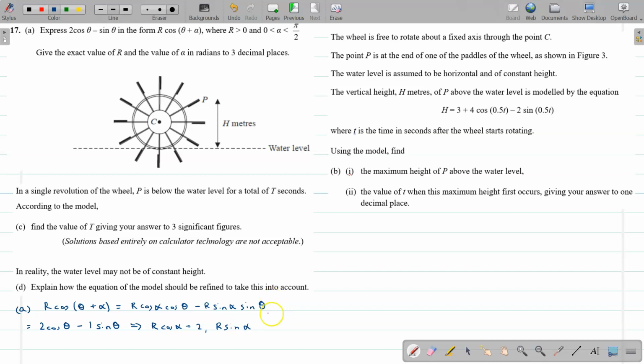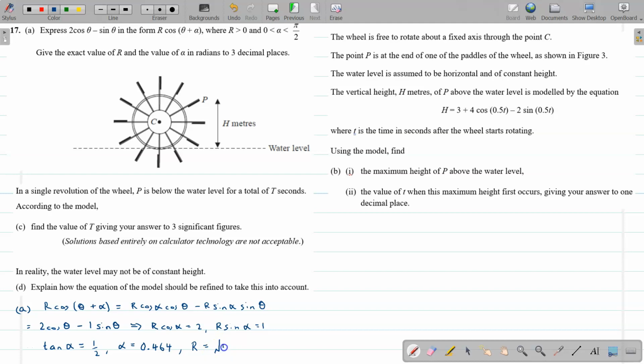And dividing sine by cos gives us tan. So we can say that tan alpha equals 1/2. And from that, alpha comes out to be, on the calculator, if that's the tan of alpha, then alpha works out to be 0.464 radians to 3 significant figures, or 3 dp, and also r is the square root of 2 squared plus 1 squared.